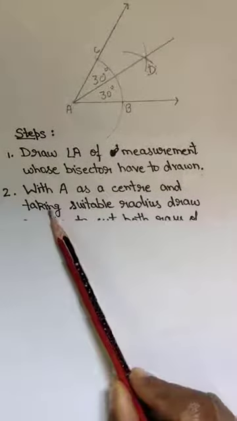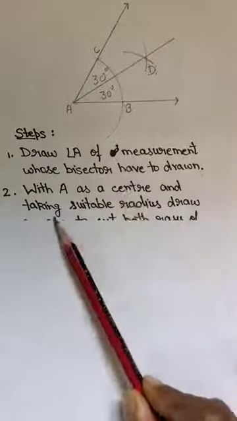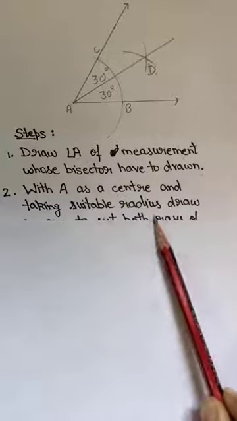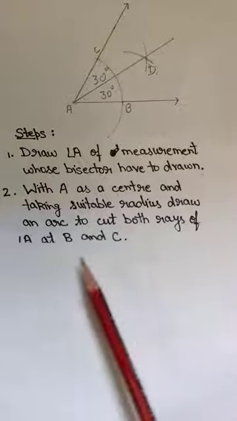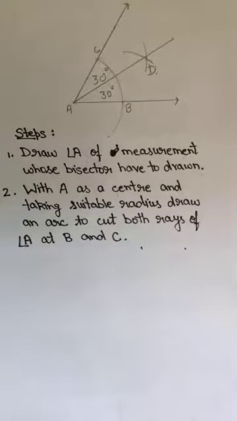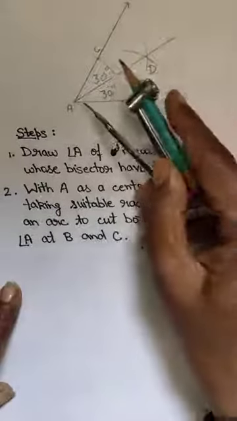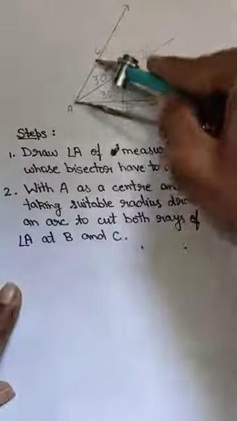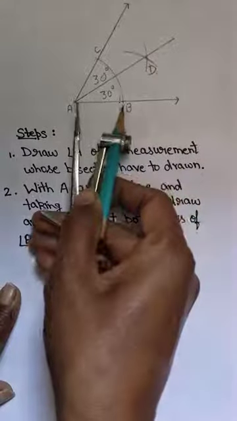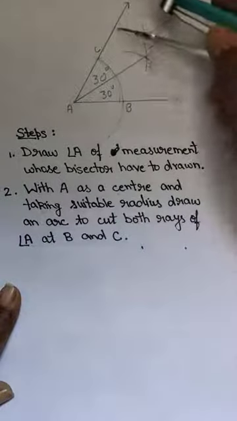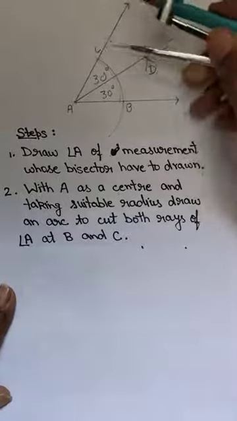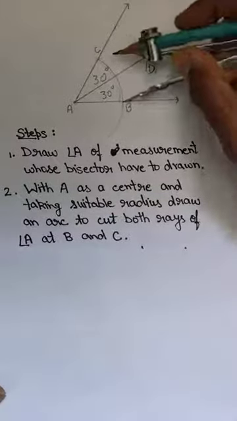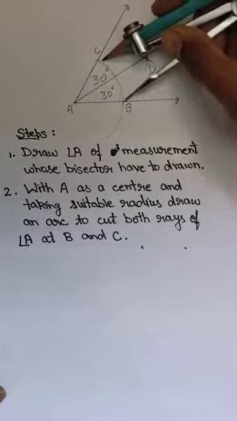Now with A as a center and taking suitable radius, draw an arc to cut both rays of angle A at B and C. Open your compass of suitable radius, draw one arc like this, which will cut rays of angle A at points B and C. Now open your compass more than half of BC.